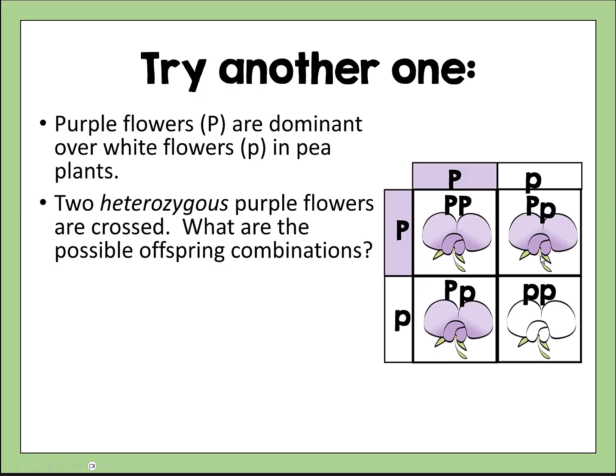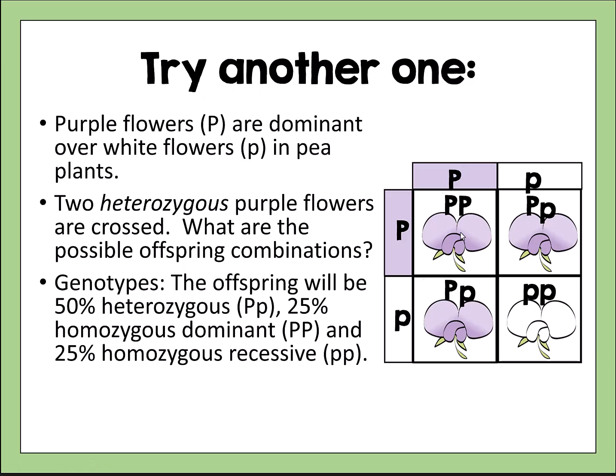And then these are going to be the genotypes of the offspring. 1 homozygous dominant, 2 are going to be heterozygous, and 1 will be homozygous recessive, or 1 out of 4, or 25% will be homozygous dominant, 50% will be heterozygous, and 25% will be homozygous recessive.